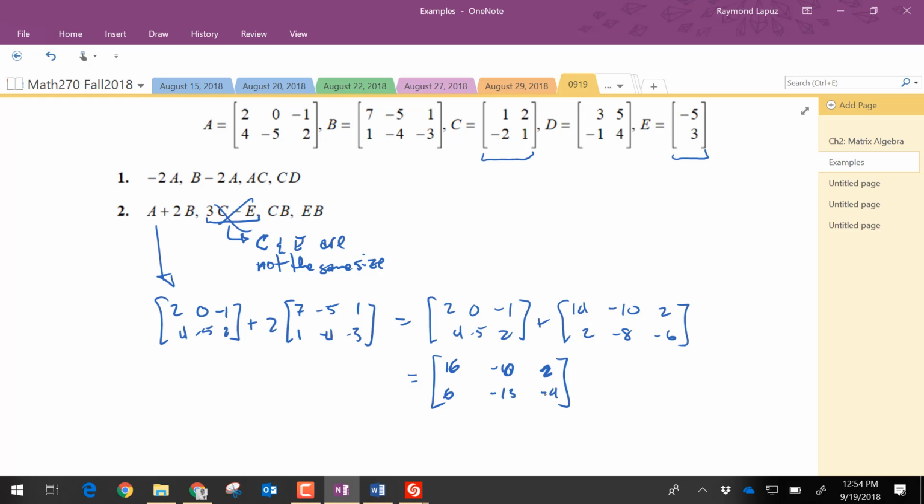So multiplication is a little bit trickier.